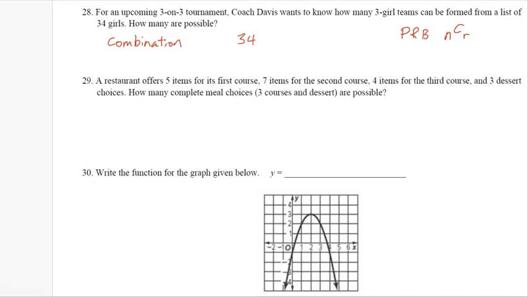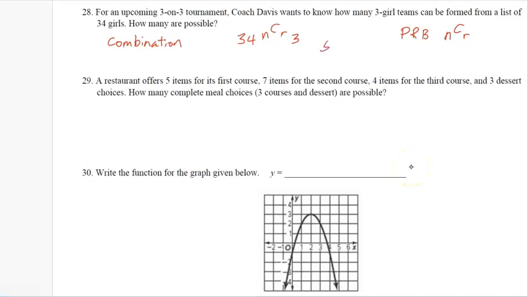So choose nCr, hit the enter key there. And then when you get back to your screen, you'll key in the 3, and that's going to be the r number. So n is the total number to choose from, and r is how many you are actually choosing out of that total. Then you hit the enter key to get your answer.